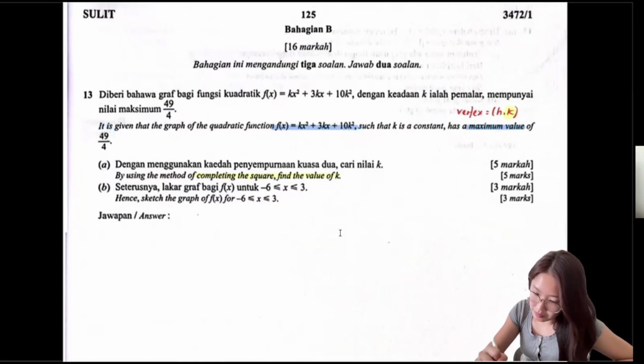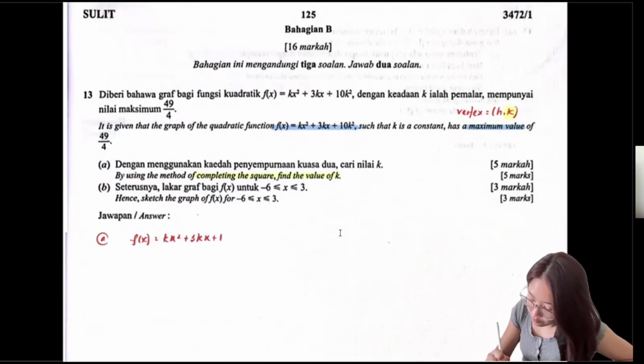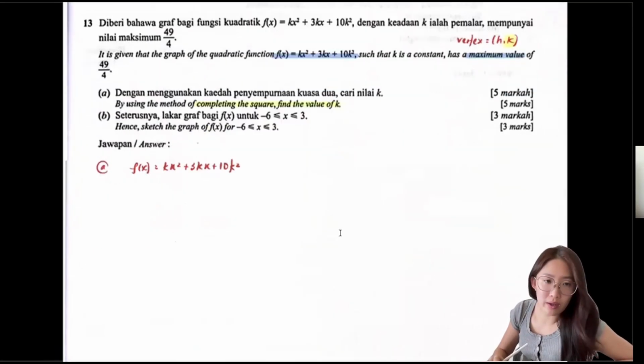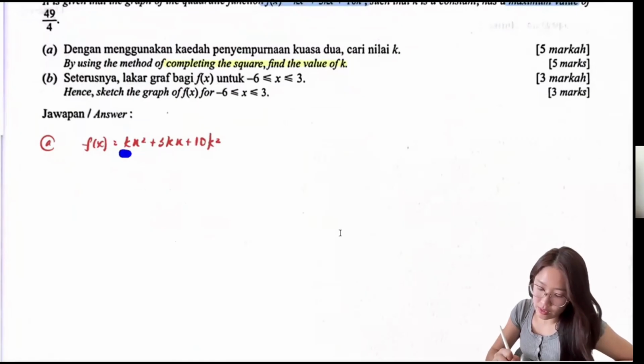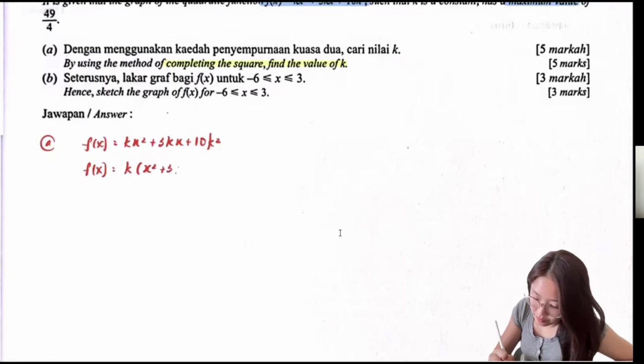This is easy, but you have to take note while completing the square. You need to make sure that the number in front of x square is 1. So for this one, you have to factorize k out first. Then only you start completing the square.